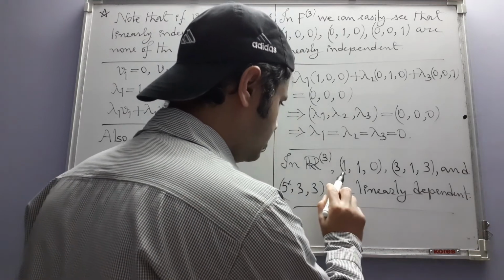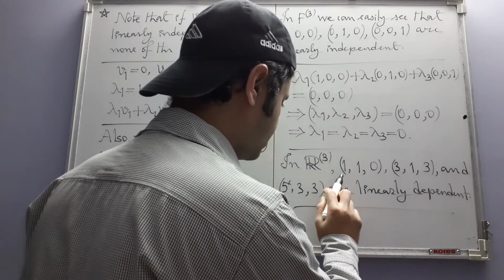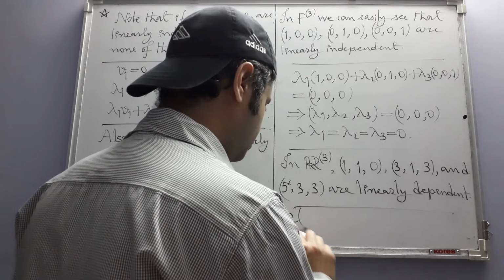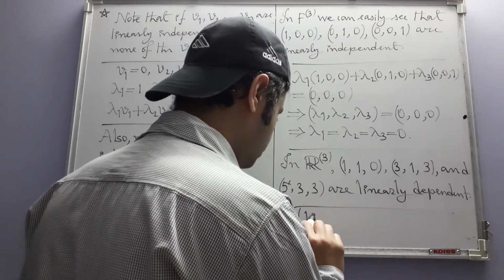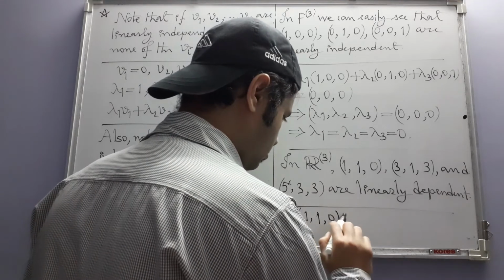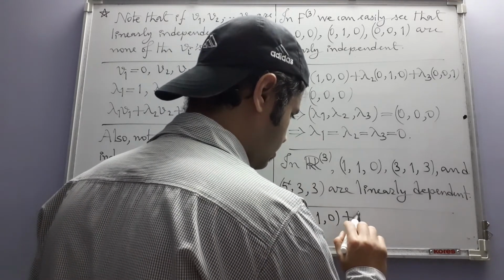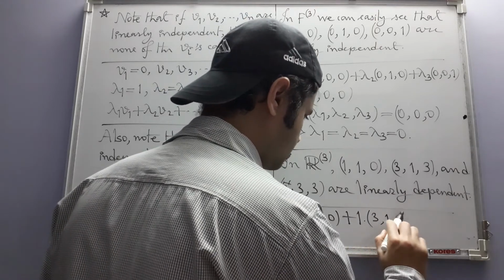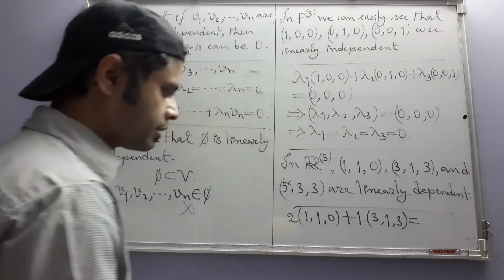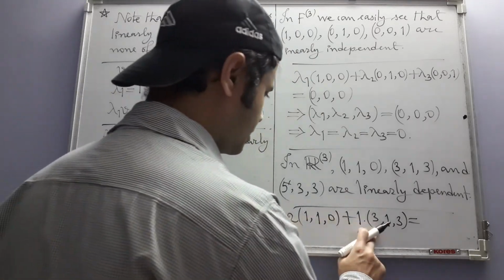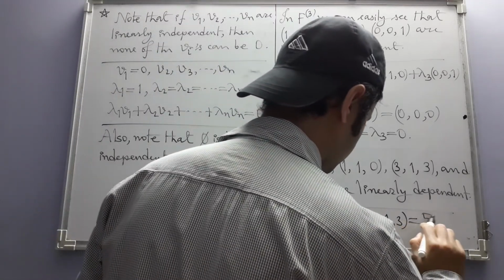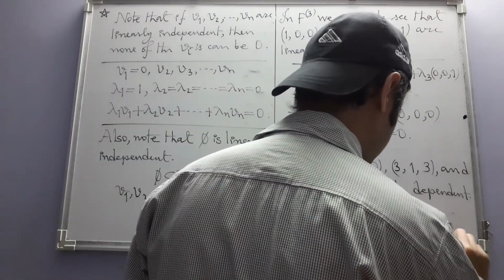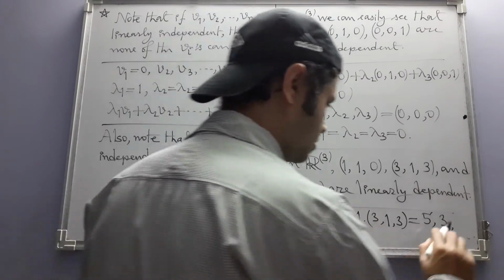You can see pretty easily that if you multiply the first vector by 2 and the second one by 1, do we get the third one? 2 plus 3 is 5, 2 plus 1 is 3, and 0 plus 3 is 3.